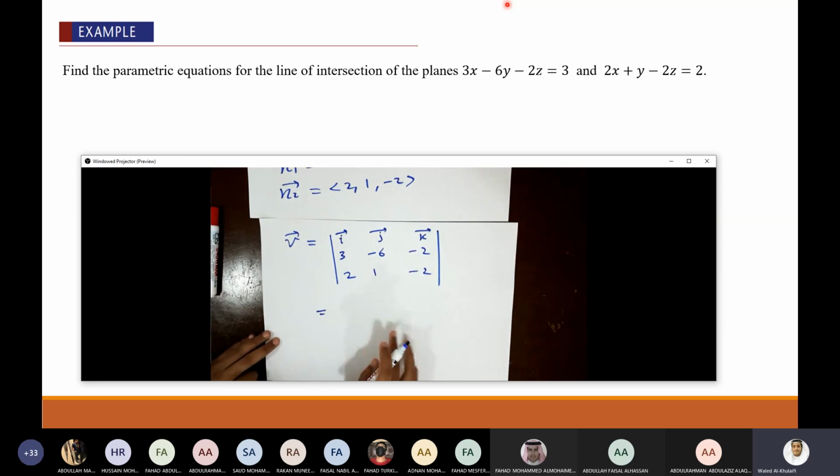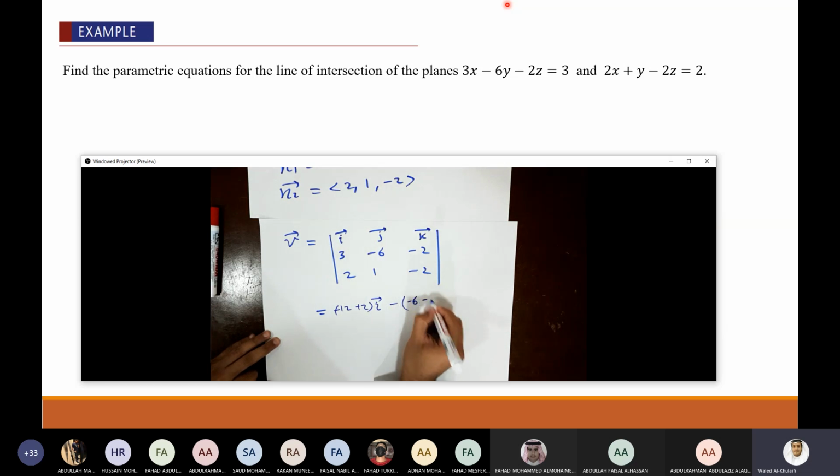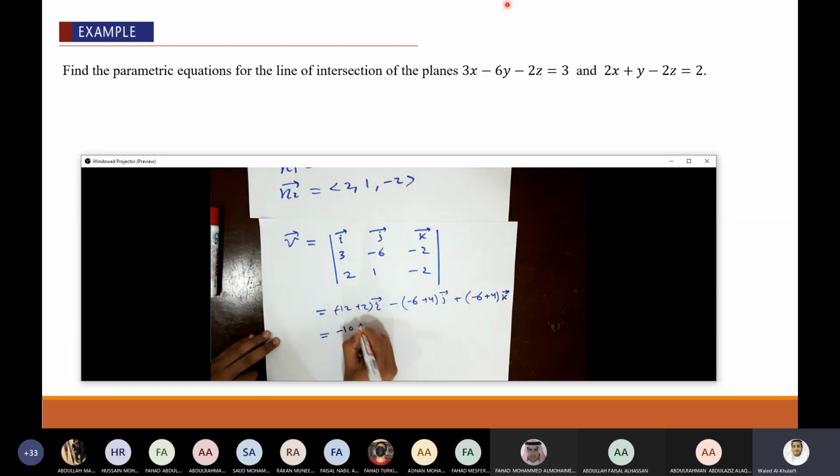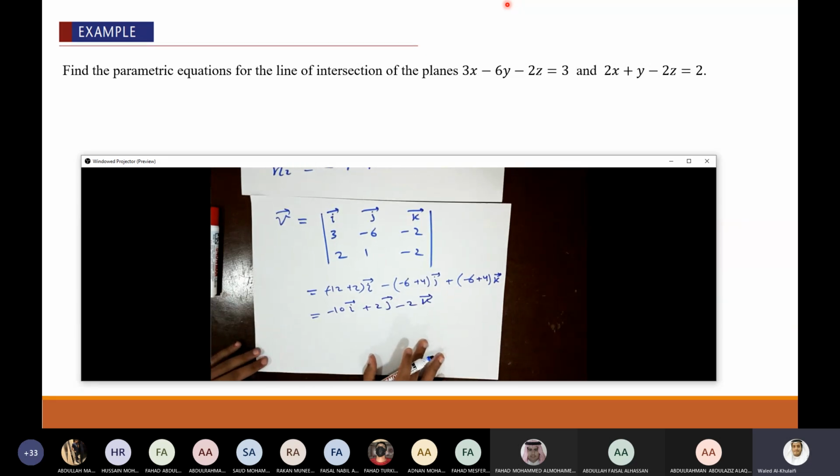Then you get negative 12 plus 2 in the direction of I, minus negative 6 plus 4 in the direction of J, plus negative 6 and then negative plus 4 in the direction of K. So here you're going to have minus 10 in the direction of I, plus 2 in the direction of J, and negative 2 in the direction of K. So we have this vector.